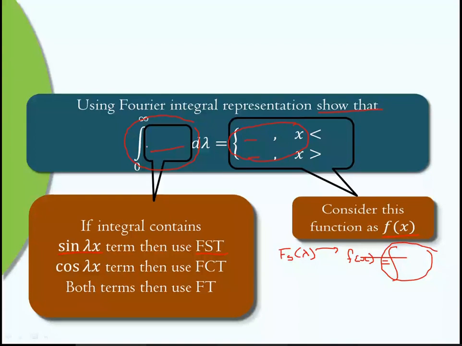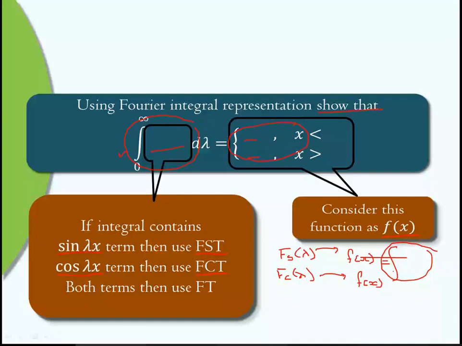If the integral contains only a cos λx term and some other functions, then use the Fourier cosine transform. Find the value of fc(λ), and then using the inverse of that, we get f of x. Check whether that integration and this integration are the same. It is a prove-that problem, so we must get the same integral.